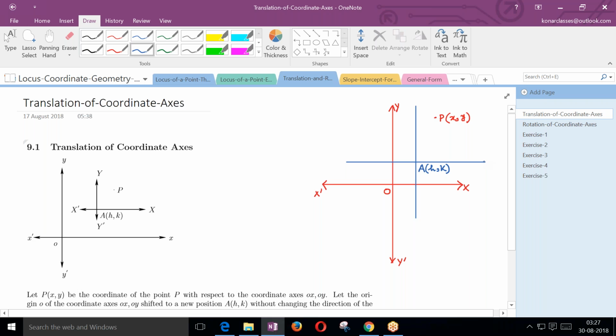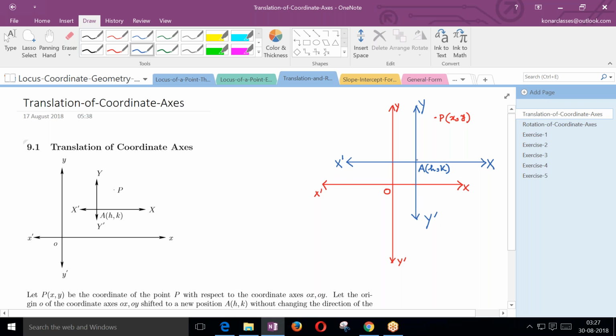So we can say this is a new coordinate system. With respect to this new coordinate system, suppose this is capital X, this is capital X dash, this is capital Y, and this is capital Y dash.